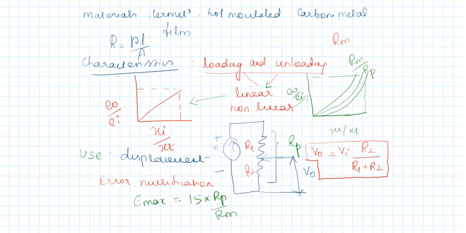That means whatever internal resistance people use, it should be a multiplication of 15. When you multiply by that factor, the error is automatically eliminated, and the nonlinear characteristics get reduced.